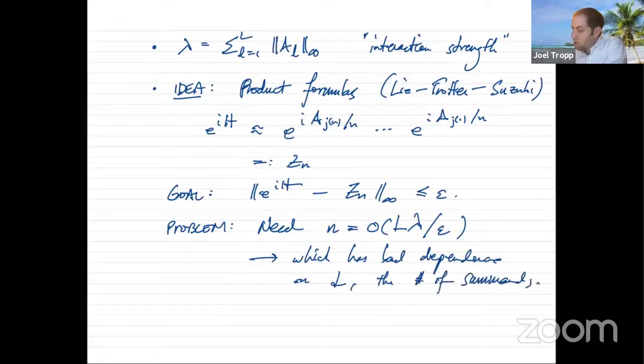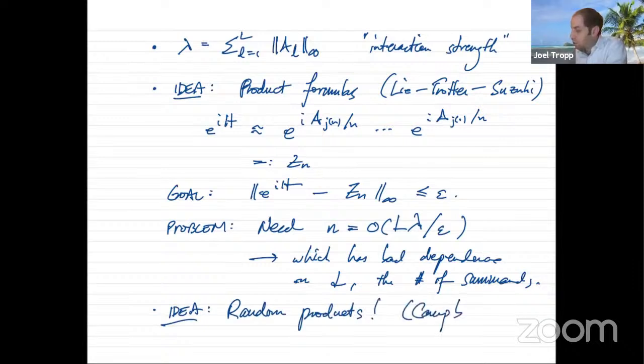And so recently, people developed a new idea, which is to try and do this using randomness. This is an idea due to Earl Campbell, I think, though it may go farther back than that.